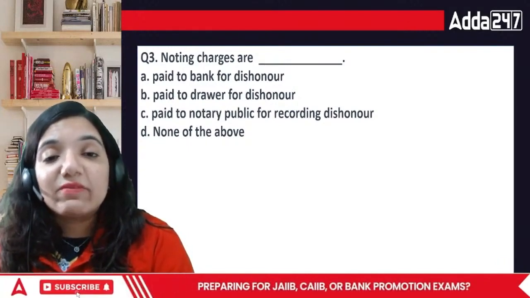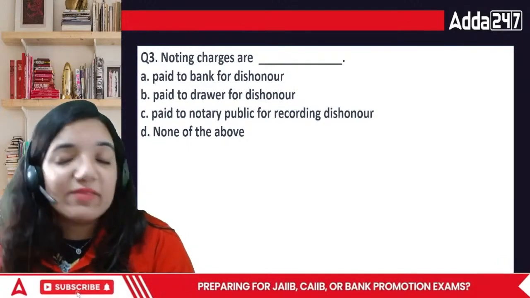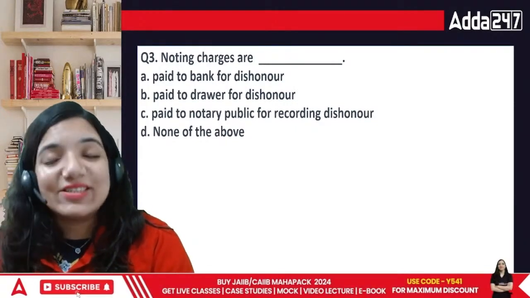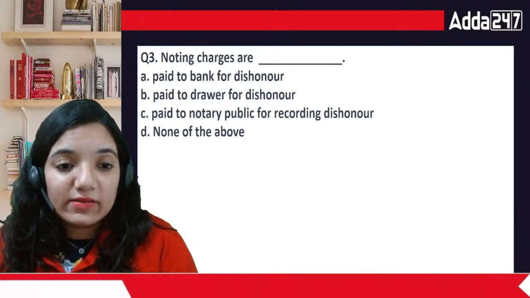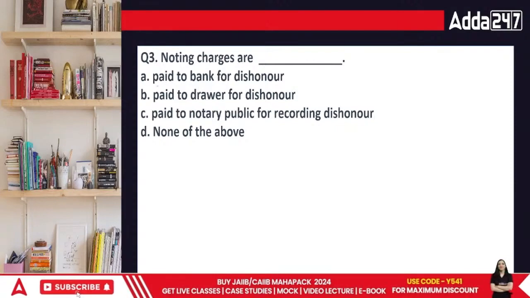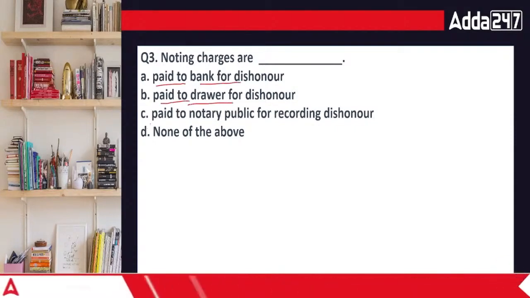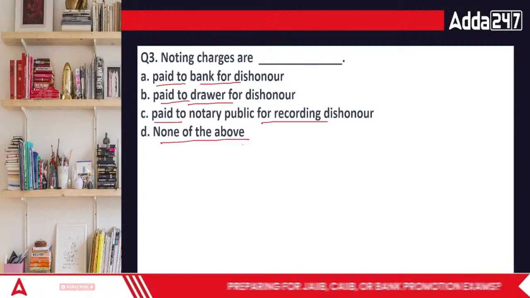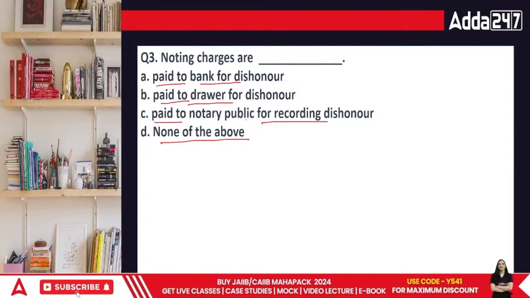So noting charges are nothing but an acknowledgement of the fact that yes, there is a dishonor. Now, is it paid to the bank for dishonor, paid to the drawer for dishonor, paid to the notary public for dishonor, or none of the above? In this case, it is paid to the notary.